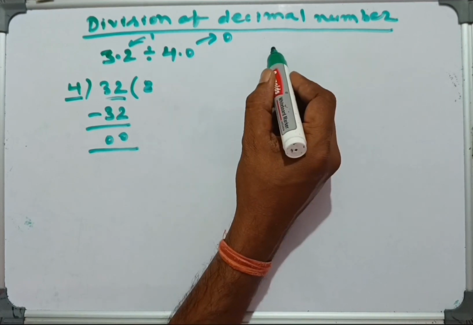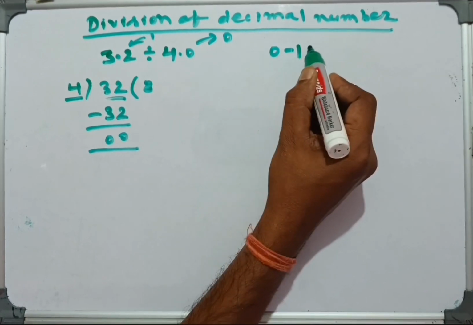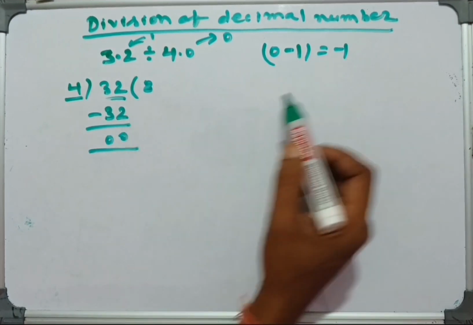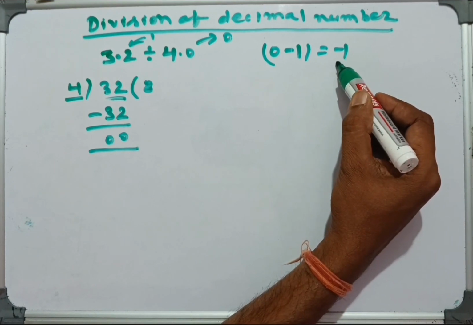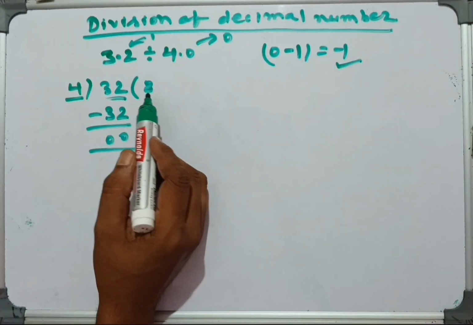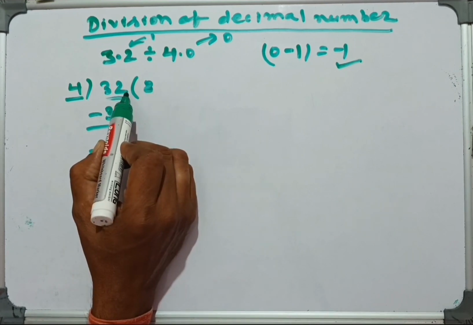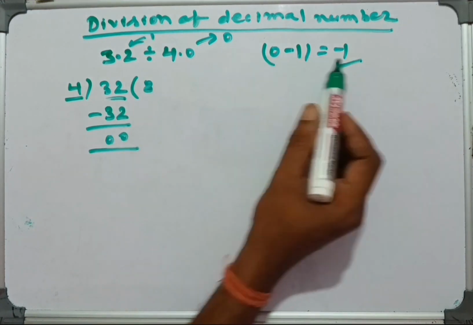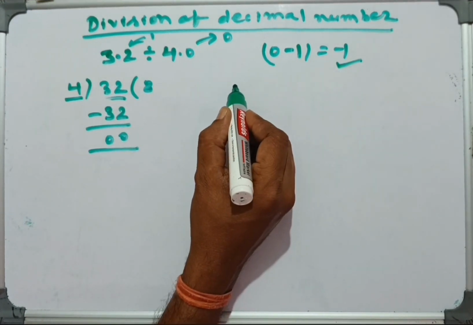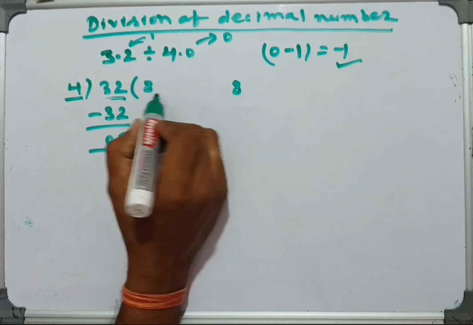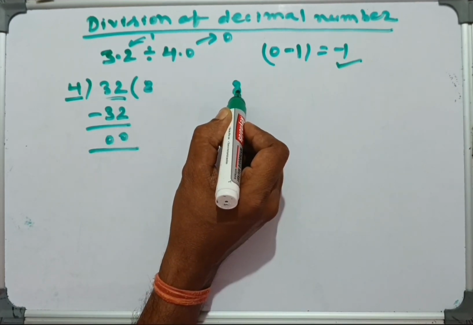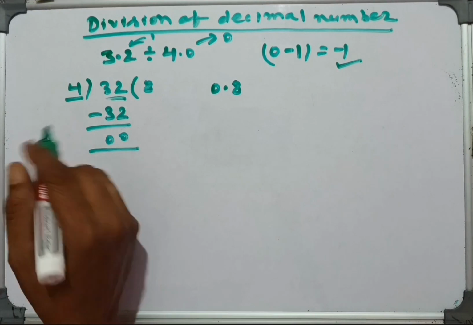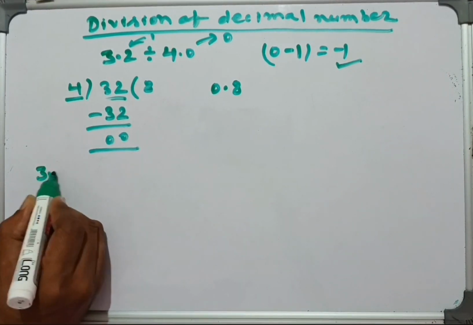So what you have to do is 0 minus 1, this is minus 1. When the negative sign appears, you have to move right to left and put a dot before this number. Here there is only 1. Negative number, so 8 is the quotient here, you have to move right to left 1, then put a dot.